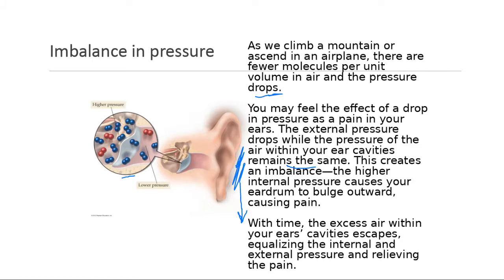So inside your ear, inside your body, you will have higher pressure than outside. This creates an imbalance in the pressure. The higher internal pressure causes your eardrum to bulge outward, causing pain. But with time, the excess air within your ear's cavities escapes, equalizing the internal and external pressure and relieving the pain.